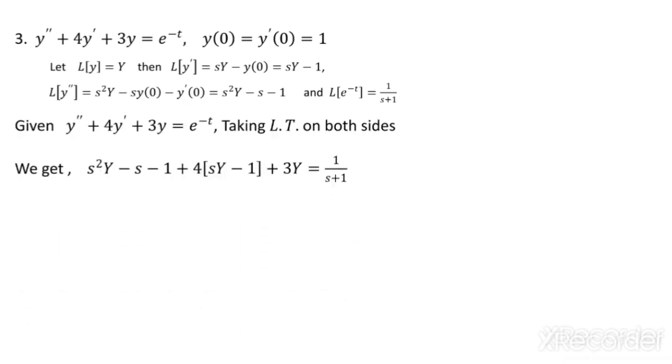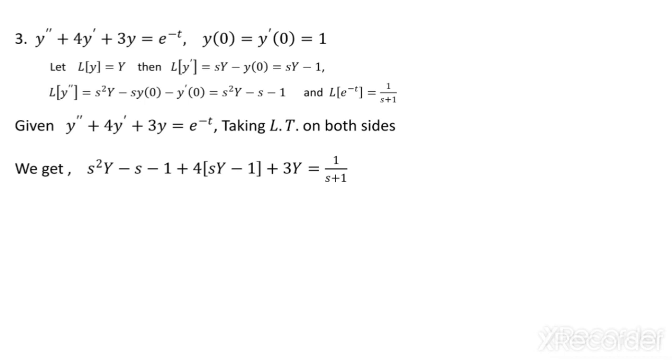So given the equation, write in symbolic form, y double dash plus 4y dash plus 3y equal to e power minus t. Take Laplace transform on both sides and substitute the results we obtained there. So I got s square Y minus s minus 1 plus 4 times sY minus 1 plus 3Y equal to 1 over s plus 1.